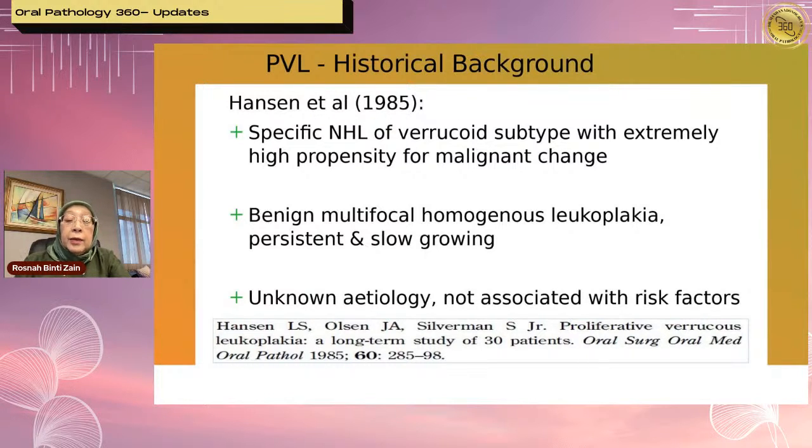At that time, it was not associated with risk factors, although as we go along, there may be risk factors within this PVL, especially in the Asian region, but so far it has not been part of the criteria. Next.